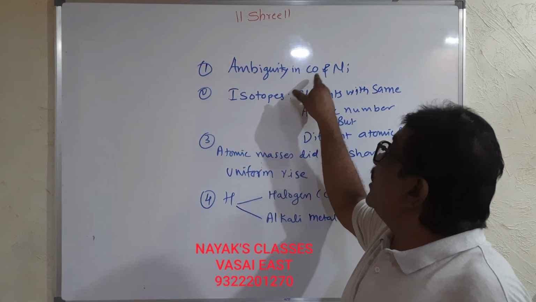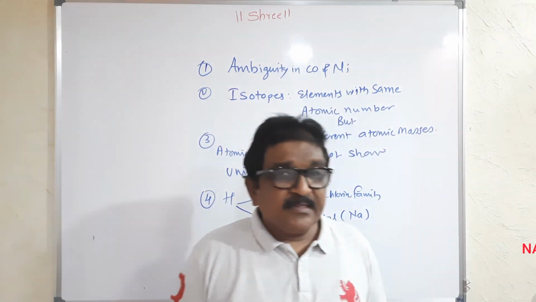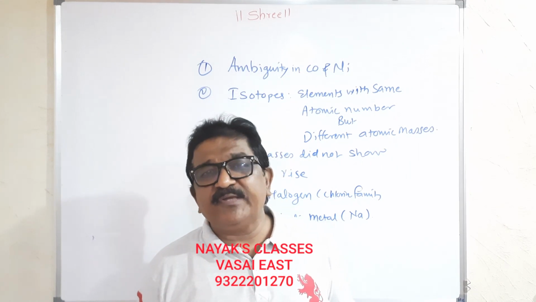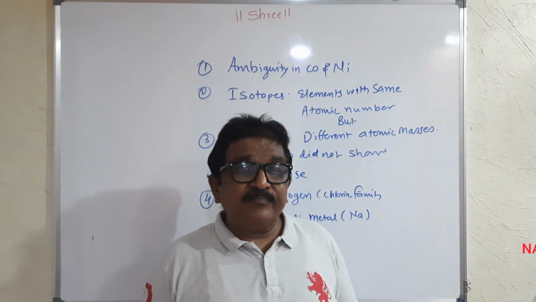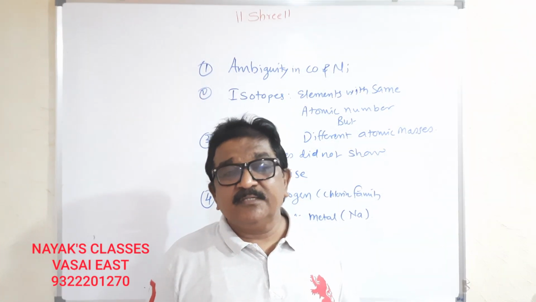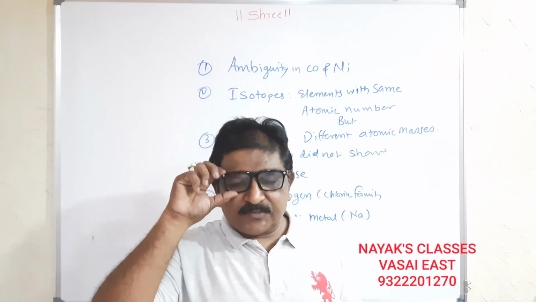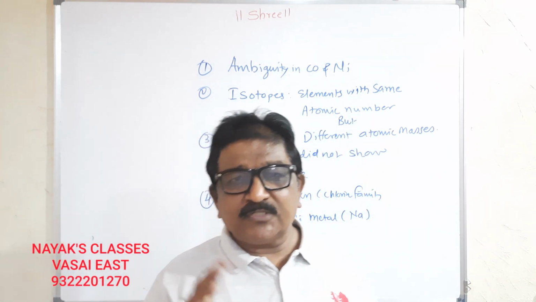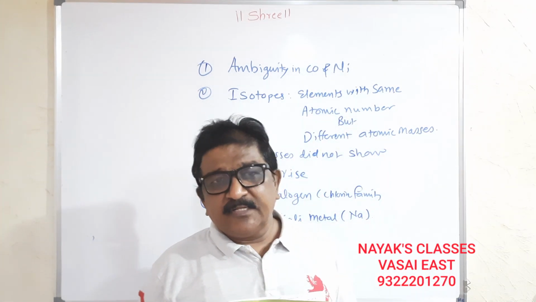Ambiguity in cobalt and nickel's properties and places. Cobalt and nickel had close atomic masses, and where to adjust them was the first demerit. Demerits mean drawbacks. So the cobalt and nickel arrangement was not clear in Mendeleev's periodic table.